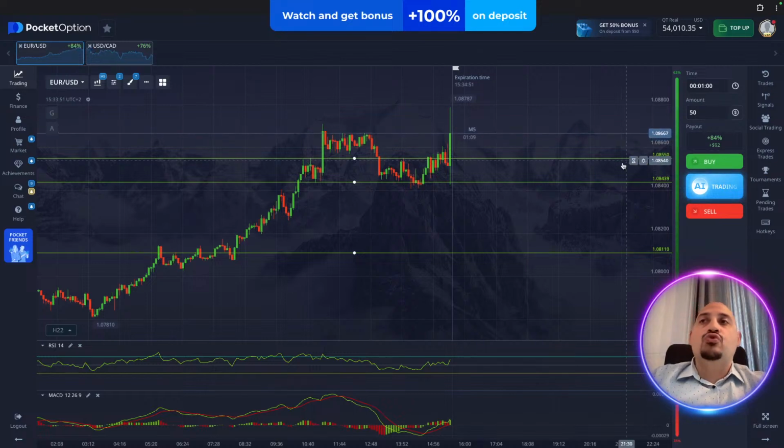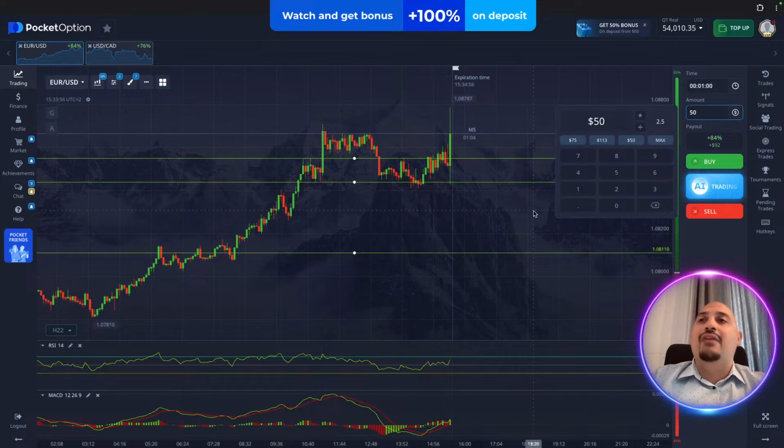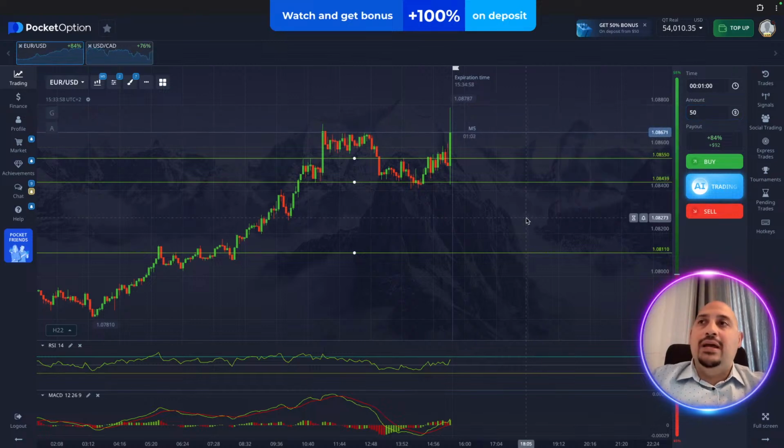If that was also unsuccessful, I would do it again and times it by 2.5 again until my trade is successful. When my trade is successful, it would have covered all my unsuccessful trades from before, plus give me a nice profit.